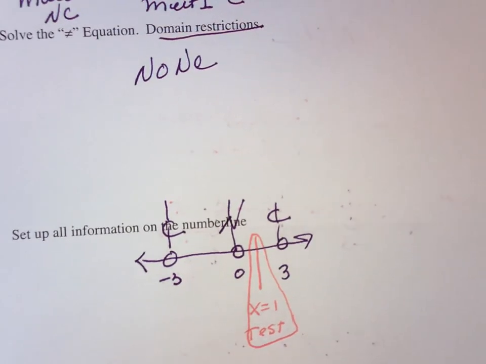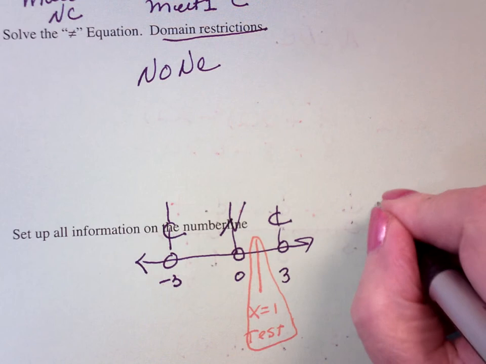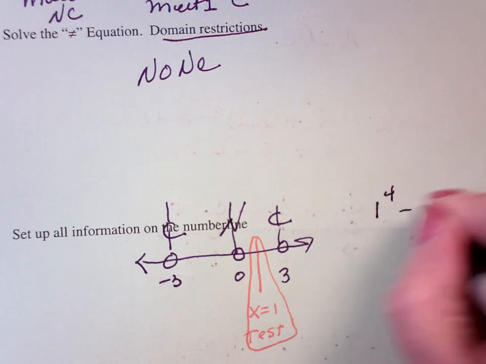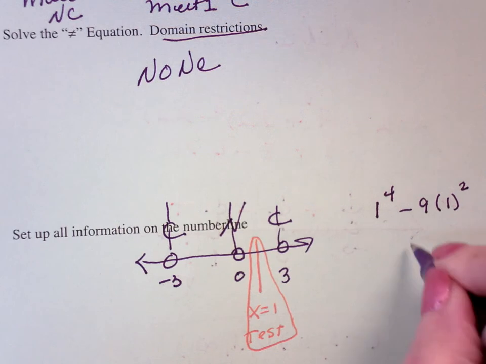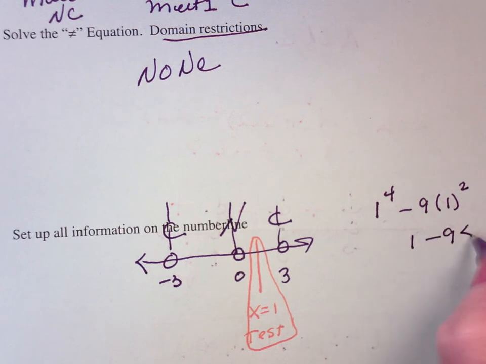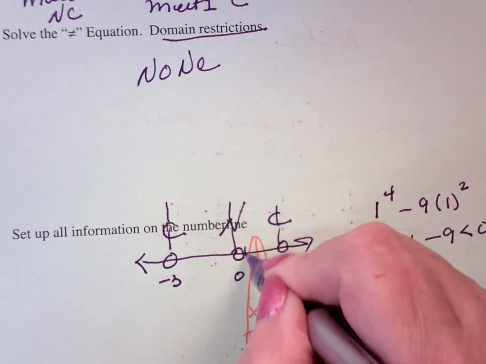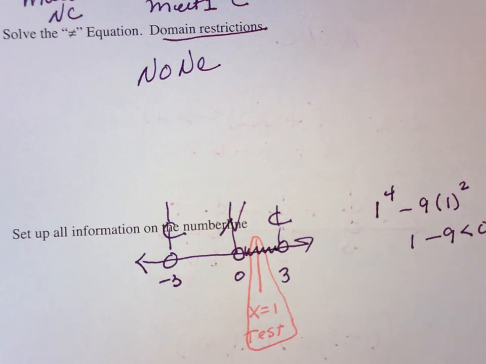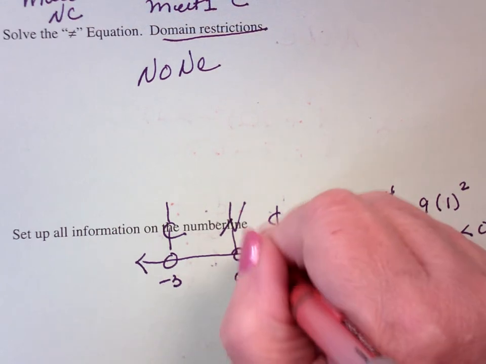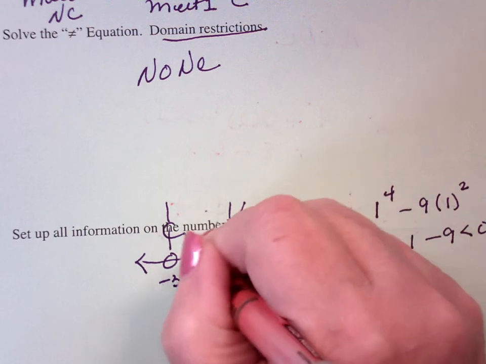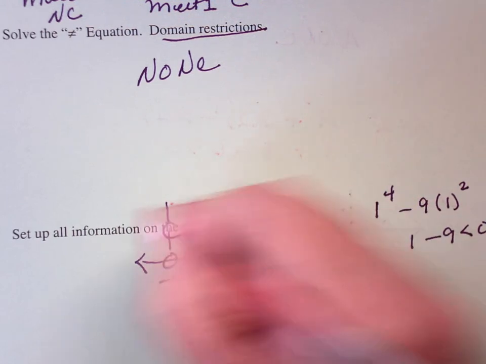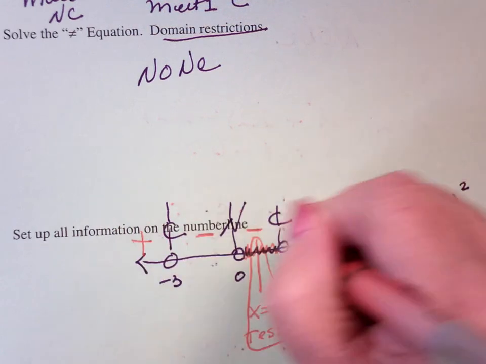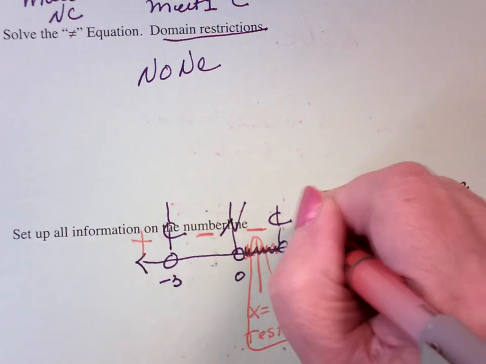So I'm going to test 1, and is it true that 1 to the 4th minus 9 times 1 squared is positive or negative? Well, this is 1 minus 9. This is negative. So negative here. No change. So negative, no change. Negative, change, positive. Negative, change, positive.